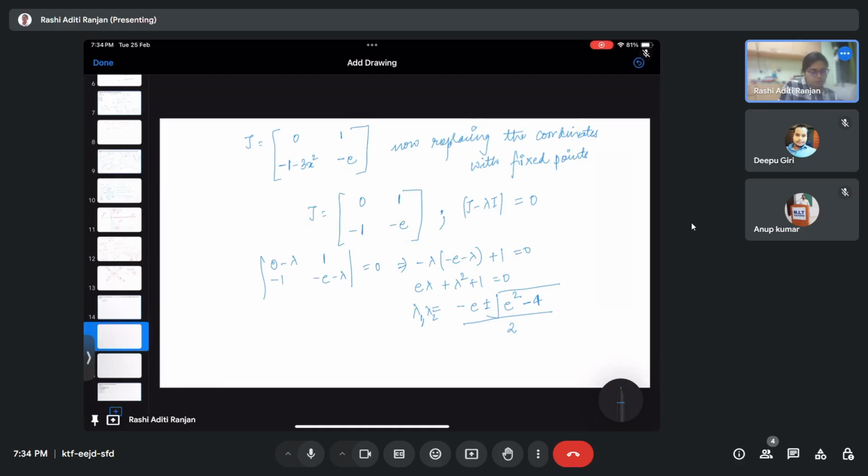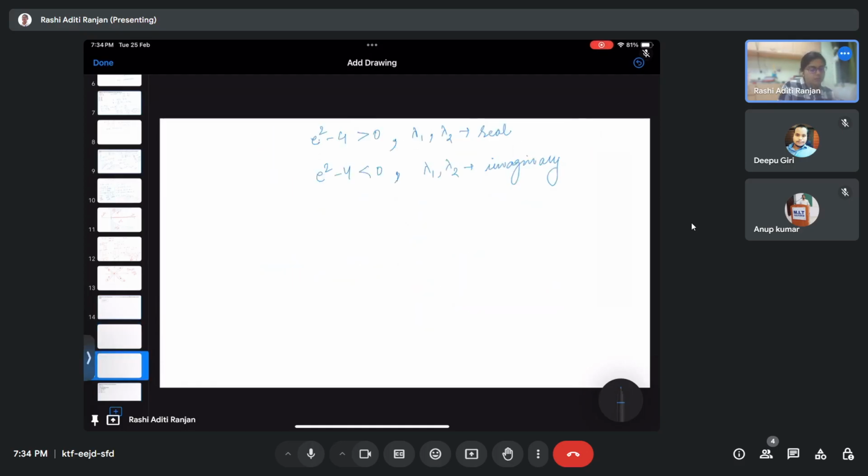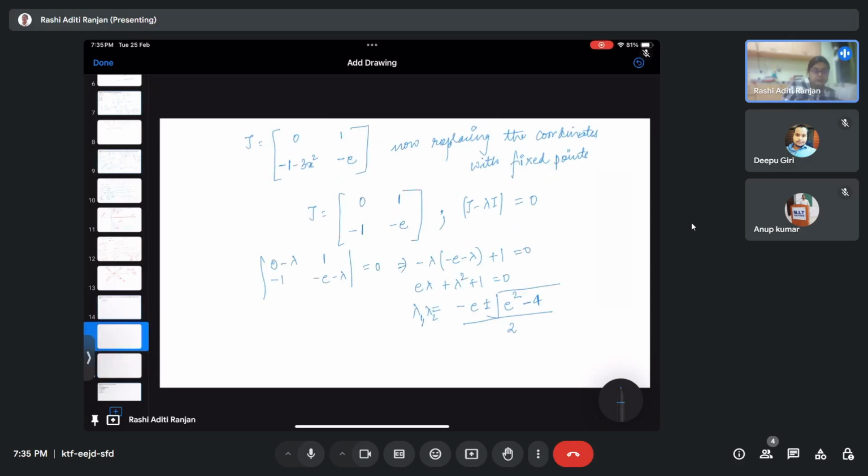So if my e square minus 4 is greater than 0, I have e square greater than 4, or e greater than 2 or less than minus 2, right? So if my e is greater than 2, let us suppose it is greater than 2, maybe 4.